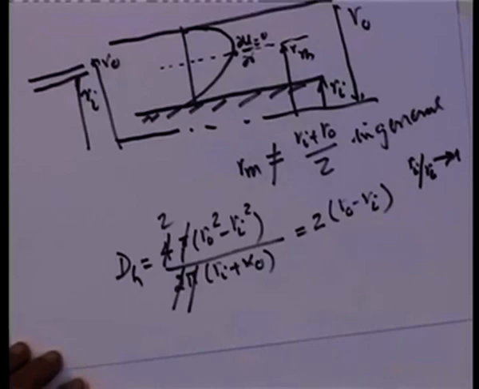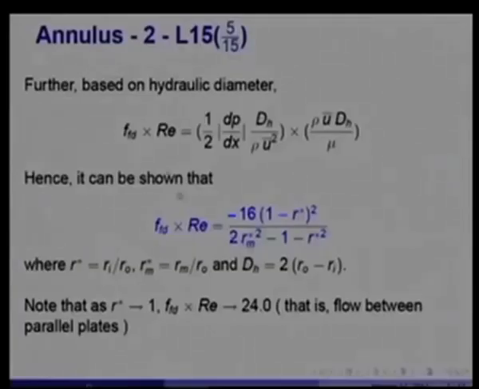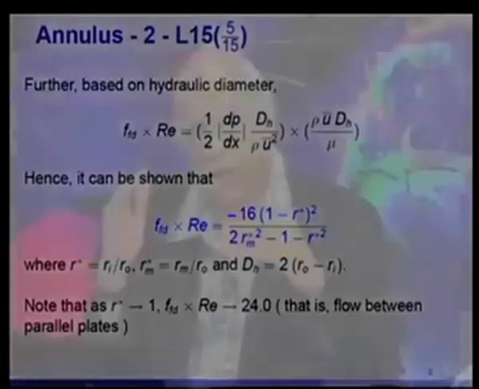Let us look at the numbers. For different values of r_I/r_O, you can evaluate the friction factor. In fact, as r star tends to 0, you will see f times Reynolds number tends to 16, which is the lower bound indicated by the circular tube. The r_I/r_O tending to 1 is the upper bound, and that is the flow between parallel plates. For all other radii, the product of friction factor and Reynolds number would lie between 16 and 24.